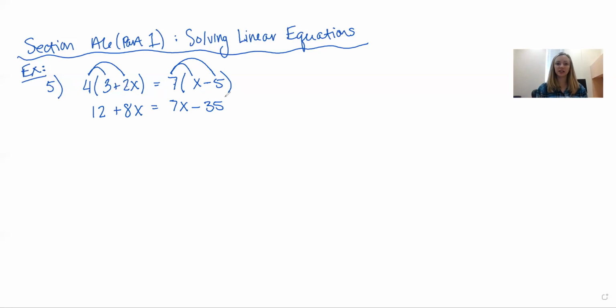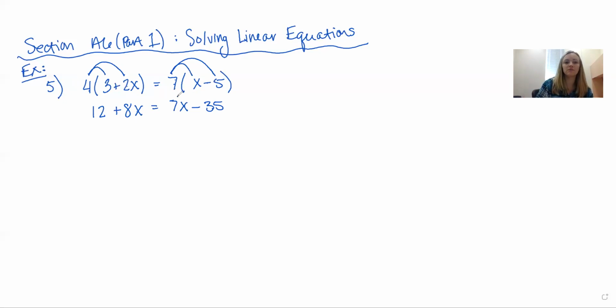Now the parentheses are cleared, we don't have any like terms to combine. On the left side, we have a constant and a variable term. On the right side, we have a variable term and a constant. So nothing to combine on those two individual sides. So we want to start moving things around, getting the variables on one side, constants on the other. Again, it doesn't matter which order you do things in or which direction you move them.